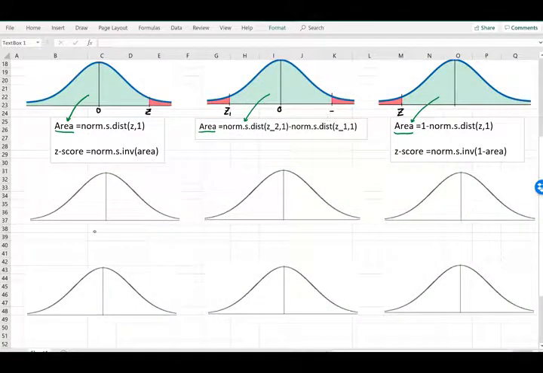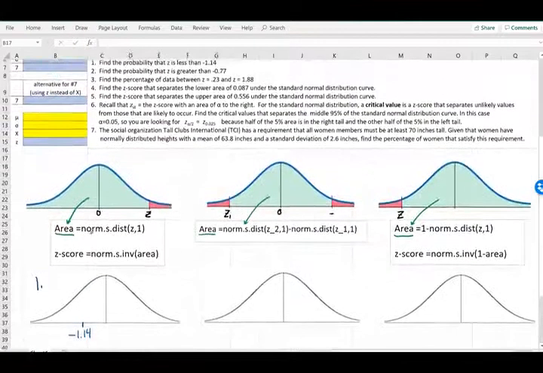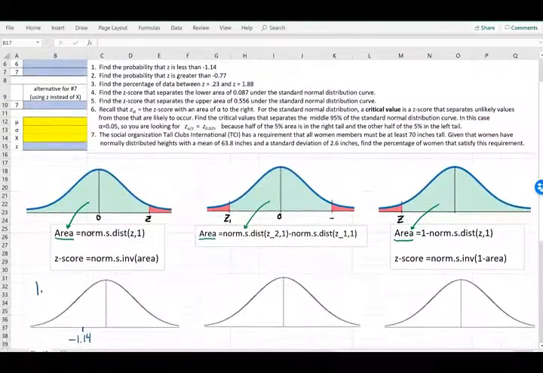This horizontal axis is the z-axis. Okay, so we're doing number 1. A z-score of negative 1.14. So we know the z-score, and we want the probability that z is less than negative 1.14.